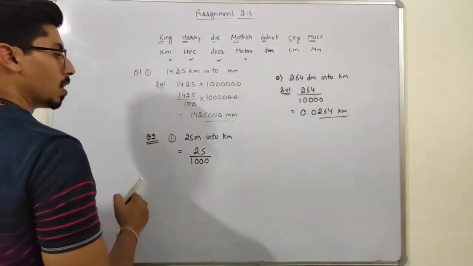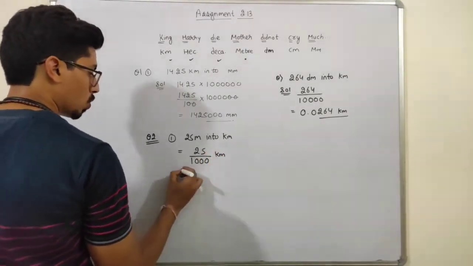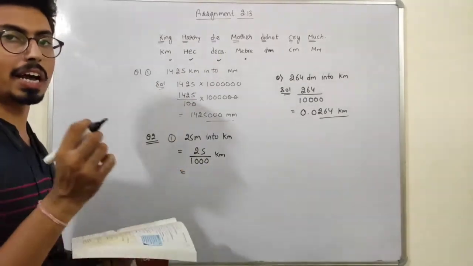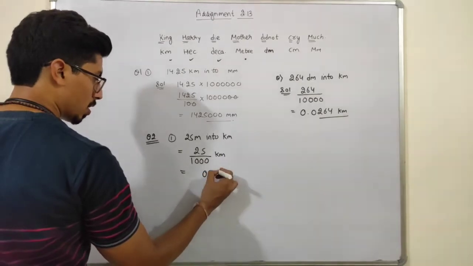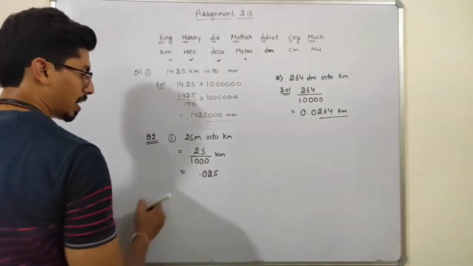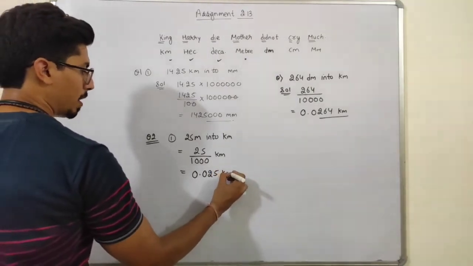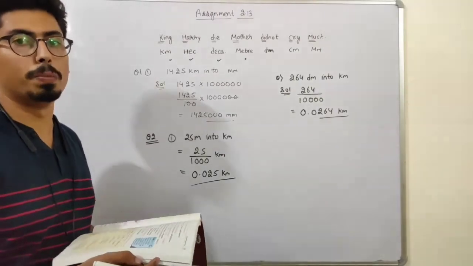Now this will be in kilometer. See, in denominator I have 3 zeros, so I have to put an extra 0 here. If I put a decimal here and an extra 0, now it will be in kilometer. So our answer is 0.025 kilometer.